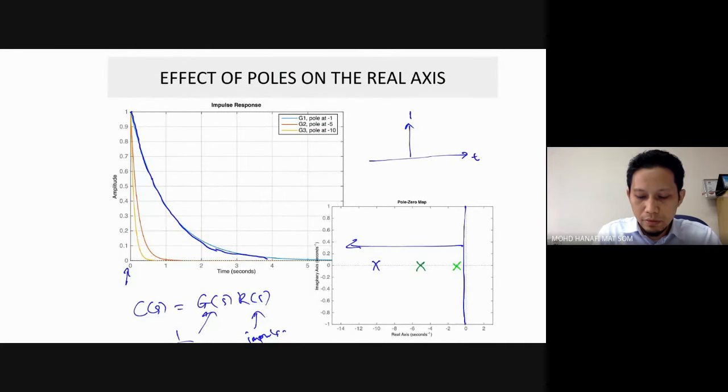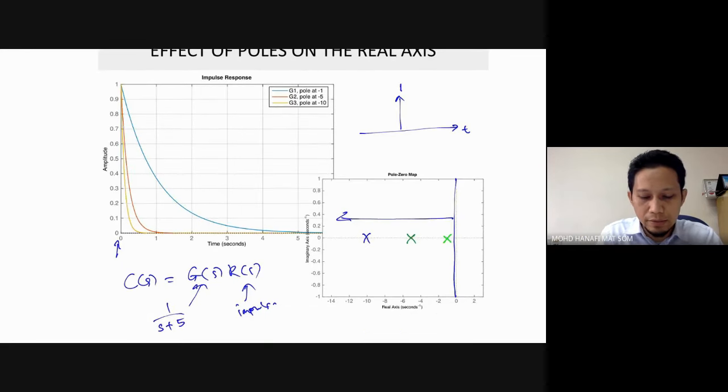So this is how it behaves for the pole at the real axis. When the time goes to infinity, the response will decrease to zero. So this is the response of the poles at the real axis. However, when you have poles on the imaginary axis, it will create oscillations.